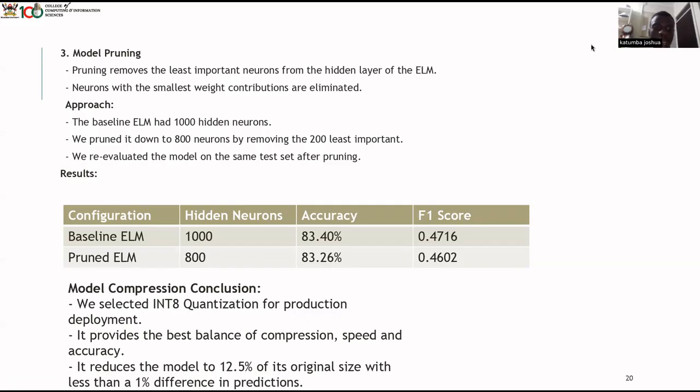The baseline ELM with 1,000 neurons gave us 83.4% accuracy, and the pruned ELM gave us 83.29%. So in the end, we chose int8 quantization for production deployment because it provides the best balance of compression, speed, and accuracy.